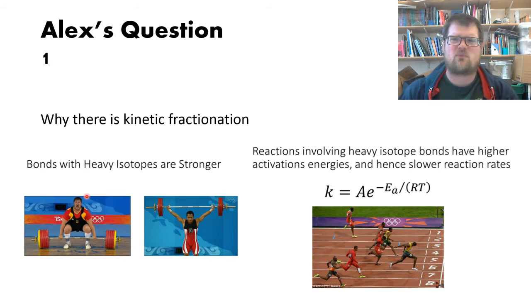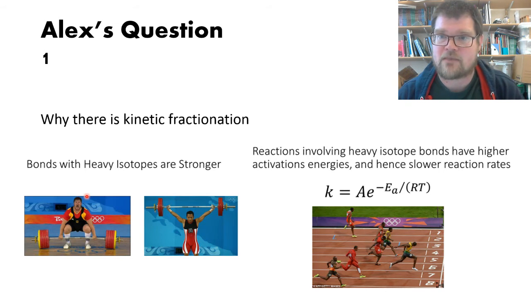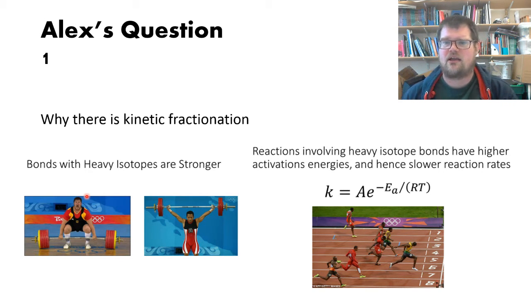Now this is where some people went off into an argument about equilibrium isotope fractionation, where the heavy isotopes go into the stronger bonds as well, but that's not really what this question was focused on.